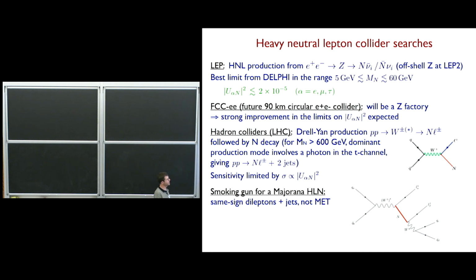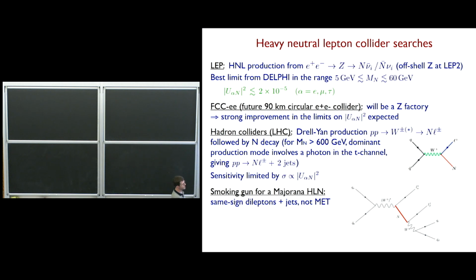And now there is something very interesting. If your heavy neutral lepton, as in practice we expect, is a Majorana neutrino, it can give rise to a lepton number violating signature, which is same-sign dileptons accompanied by jets and no missing transverse energy, because you don't have neutrinos produced in the decay.